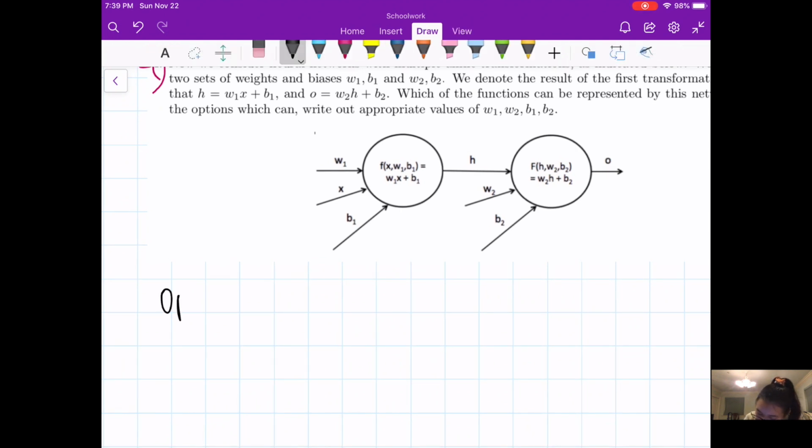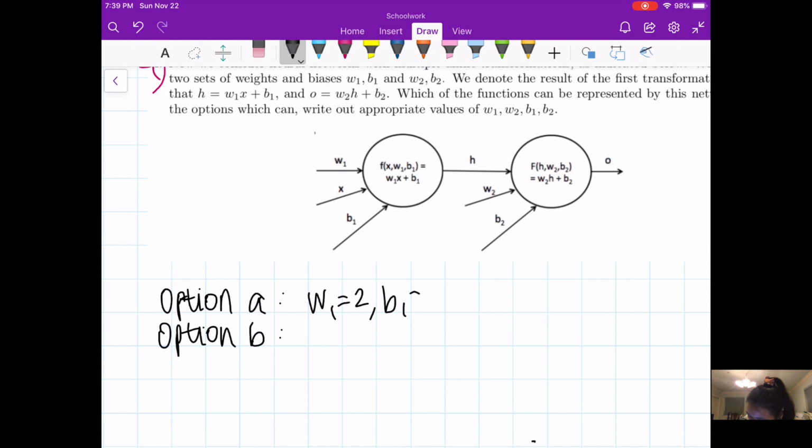So we can only do option A and option B. But the difference is going to be what we assign the weights to be, because now we have to consider the other weights as well. To keep it simple, for option A, it was just getting 2x, so we can just have W1 equal to 2 and B1 equal to 0.